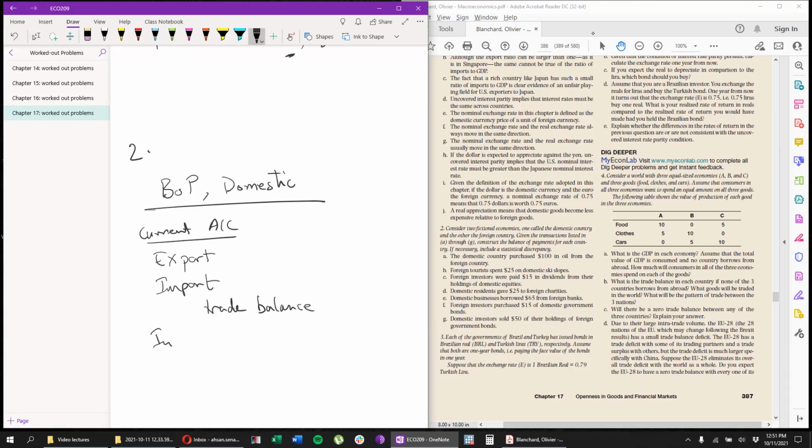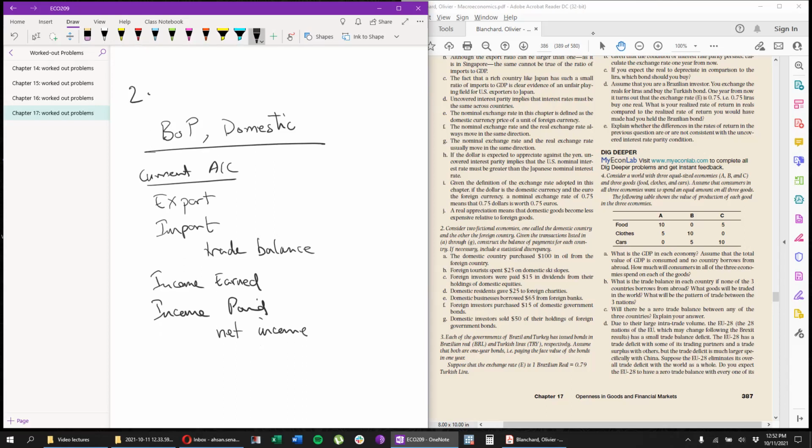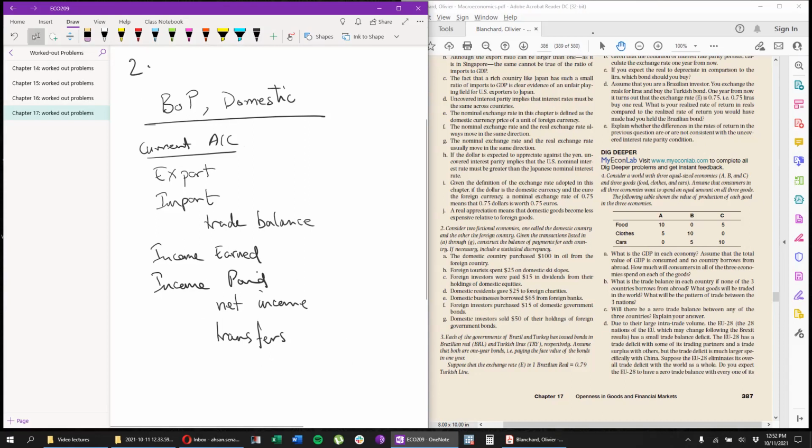We also have income earned, income paid, and from there we're going to get net income or whatever it's called. I don't really remember. We have transfers, that's foreign aid and whatnot, and all of that together is going to give us the current account balance.